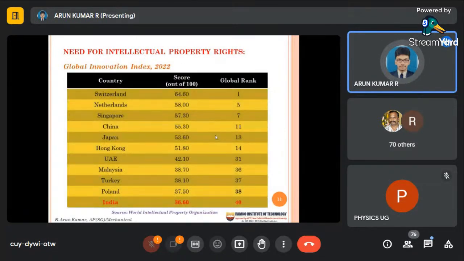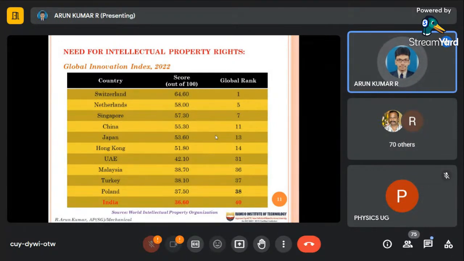Now, as I told in the previous slide, the Global Innovation Index. Here you can see the Global Innovation Index of the countries, which is actually released by the World Intellectual Property Organization, WIPO. WIPO is a wing of a United Nations organization, and it is exclusively administrating IP right management across the countries.